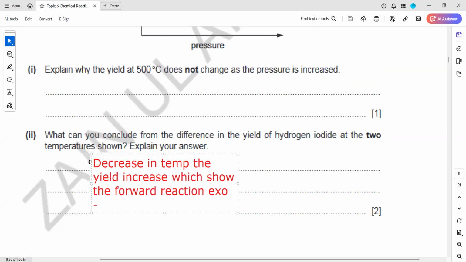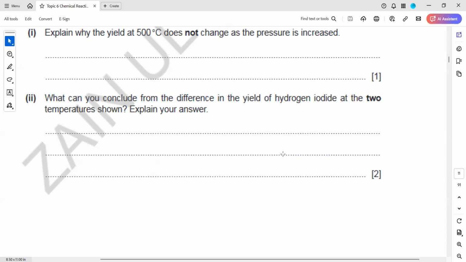So it will be exothermic, because that is a rule for any exothermic reaction. If you decrease the temperature, the yield will increase. That's a fixed rule. So in chemistry, a lot of things are there to memorize, like these rules, like effect of pressure, especially for reversible reactions.